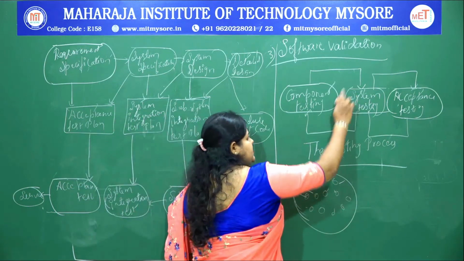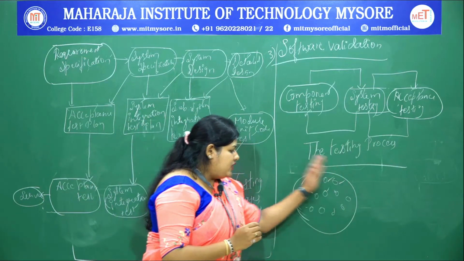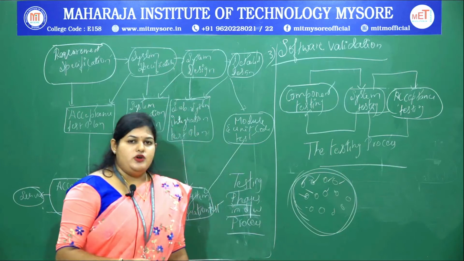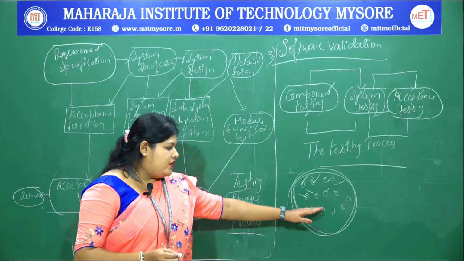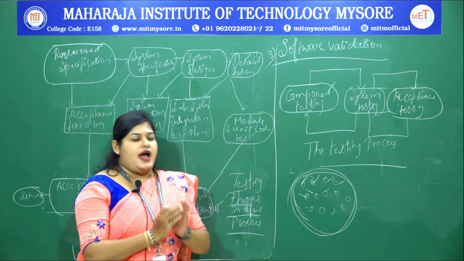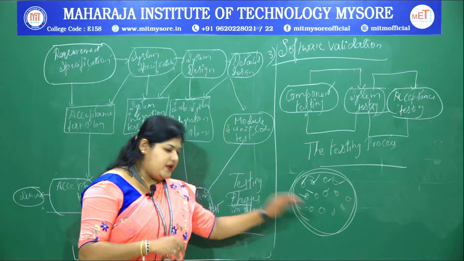The next process is system testing, taking these components into one form. When all the single components are integrated, we will check whether the system is running to the requirements.